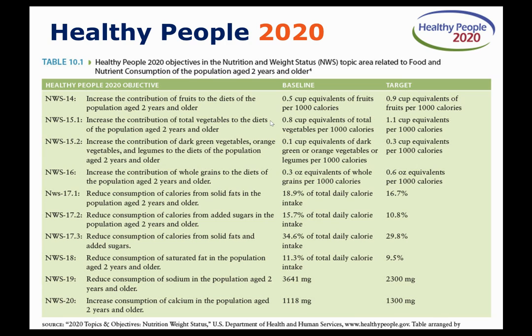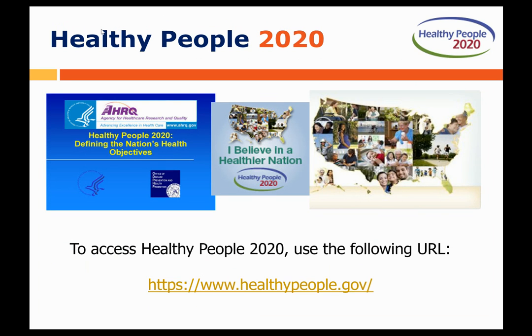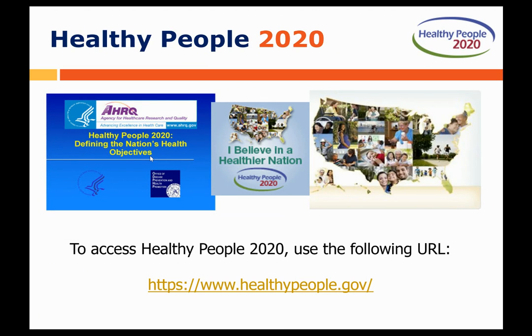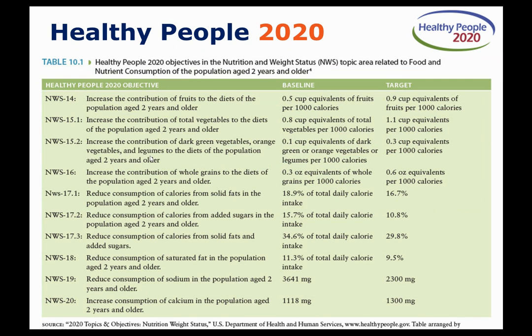Here's a sampling of nutrition and weight status related objectives, provided in a table in your textbook that's really nice. There are other objectives. You can go to the Healthy People 2020 website, I have the URL here, that you can explore related to food insecurity, to weight status, and to food access.